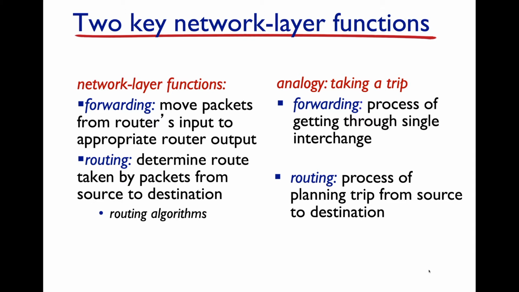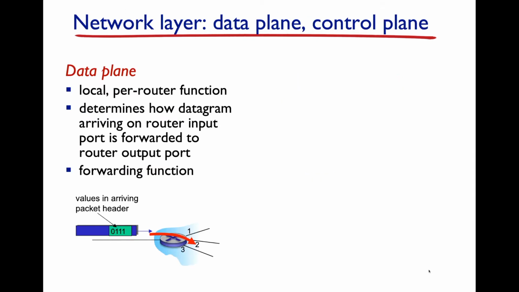Certainly that trip is going to involve a number of passes through various interchanges along the way, and that's exactly what happens in routing. So again, forwarding is like passing through an interchange, and routing is like planning the entire trip end to end. You have to traverse a set of interchanges in order to get from a source to a destination.